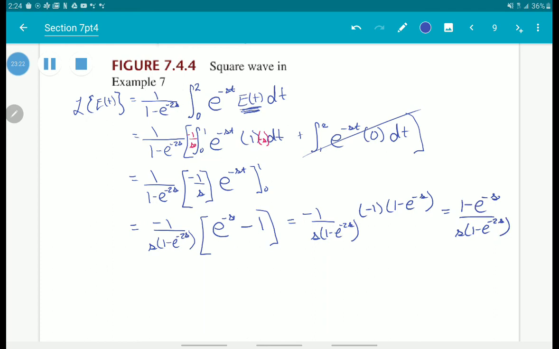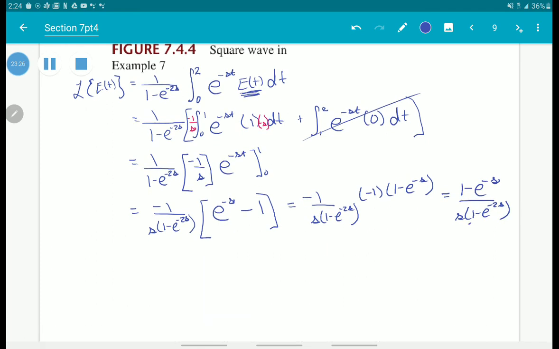So we have that. So this guy is actually a difference of squares. So let's write that difference of squares out. Here's our top. We have an s on the bottom. We can write that as a 1 minus e to the negative s, 1 plus e to the negative s.